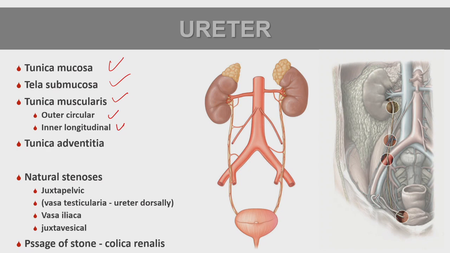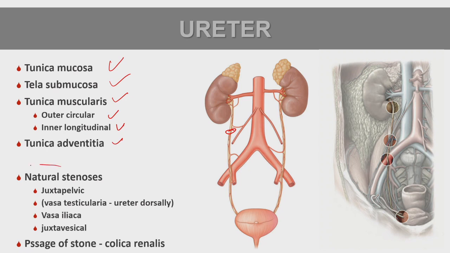It's different because this is vice versa to the GIT. In the GIT, inner is circular, outer is longitudinal, and outside is adventitia, so connective tissue which is continuing to the surrounding connective tissues.